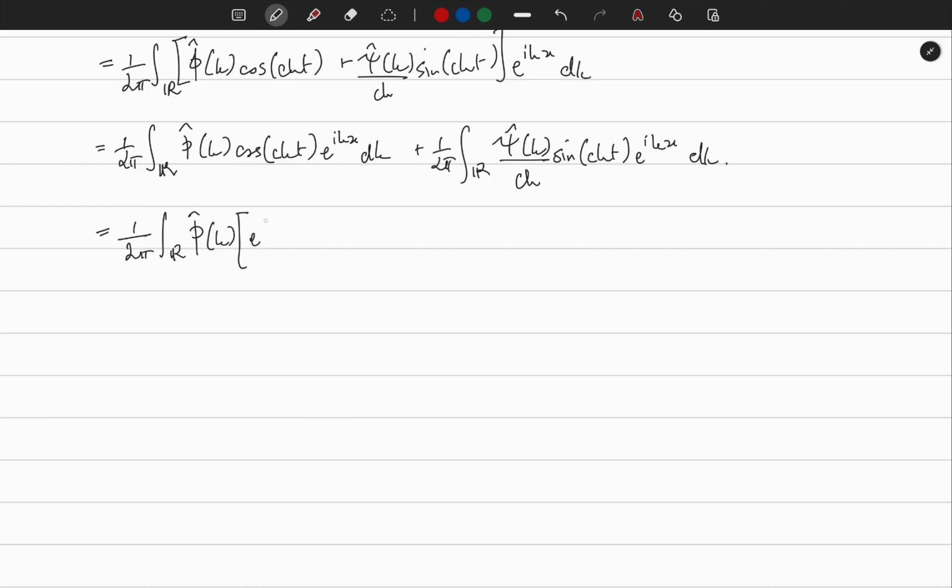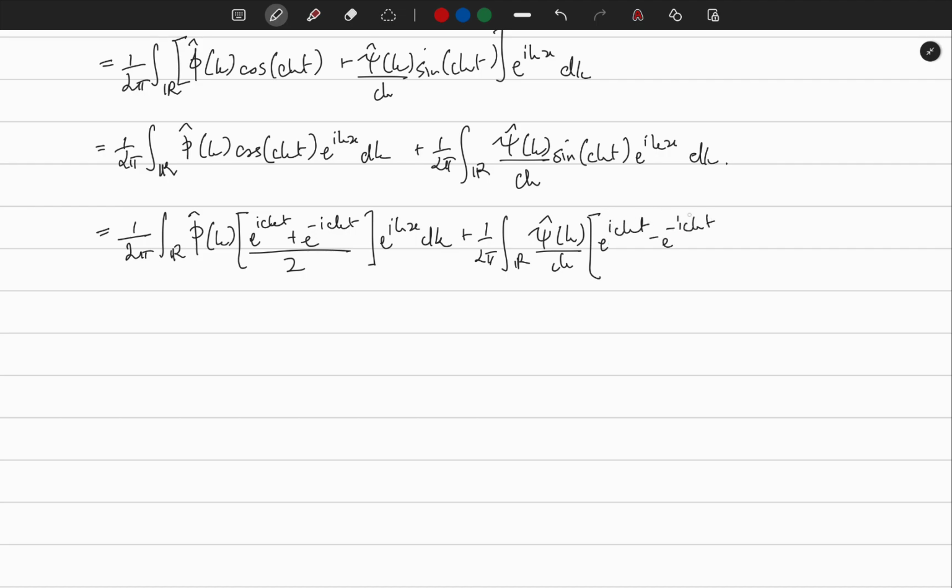We get that cosine of ckt is nothing but e to the ickt plus e to the minus ickt over 2, and sine is really just e to the ickt minus e to the minus ickt over 2i, and there we go.